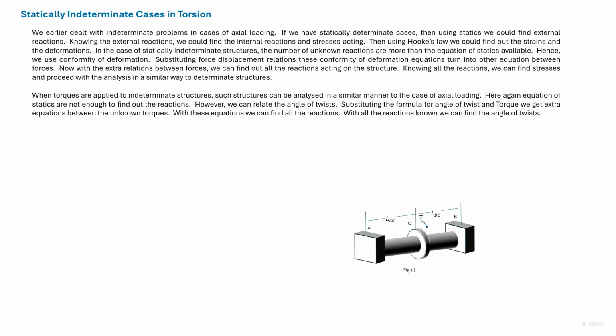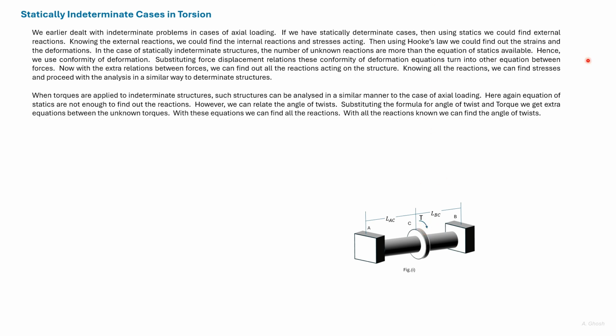Now consider an example. Here we have a bar that is fixed at A and B. A torque is applied at C. So there will be a torque at A and a torque at B, resisting this applied torque.